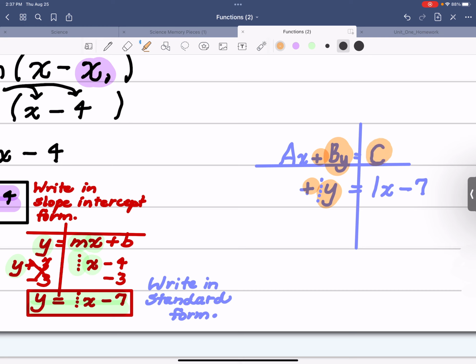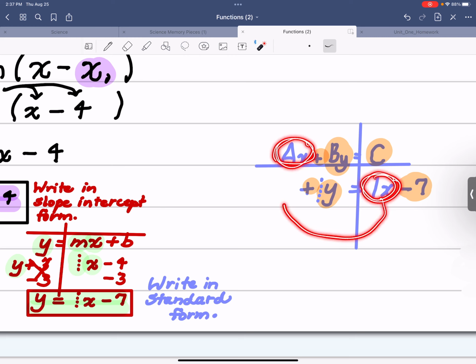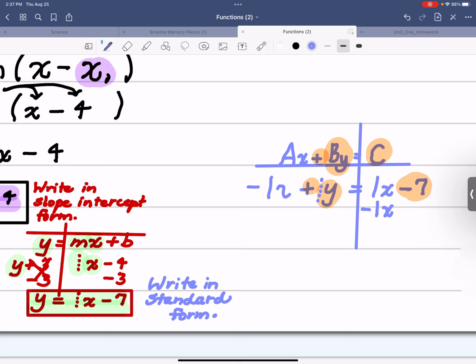C, constant, is a -7. That one can stay where it is, but you can see the problem. There's the x and there's the x. That one's got to come over here. And you do that with subtraction. And this cancels. And there you've got it.